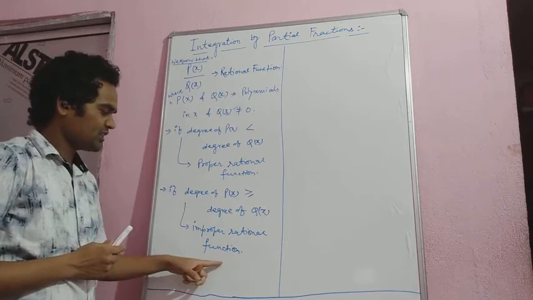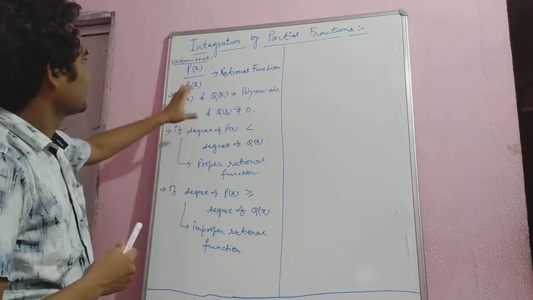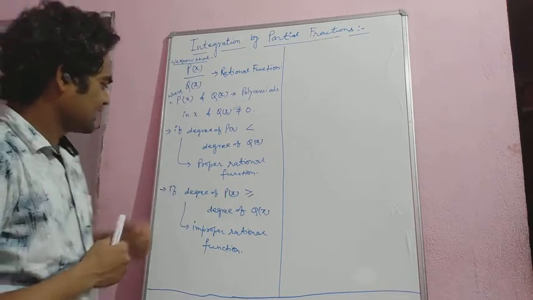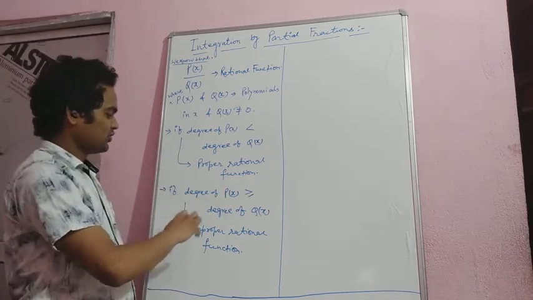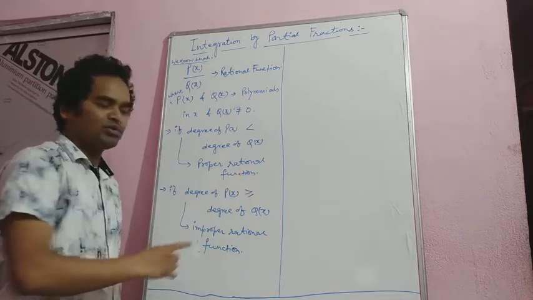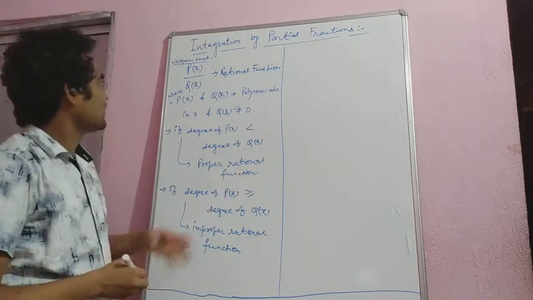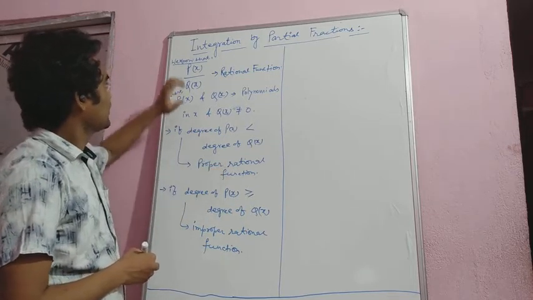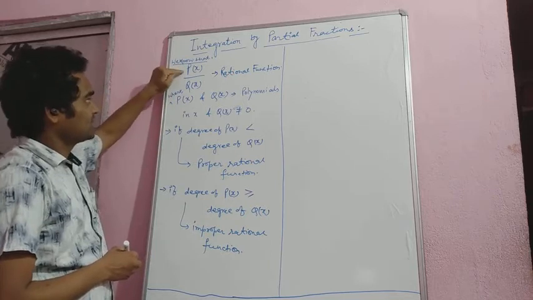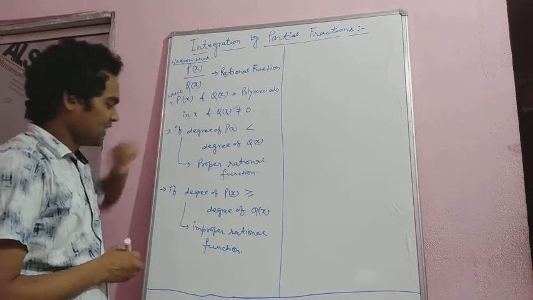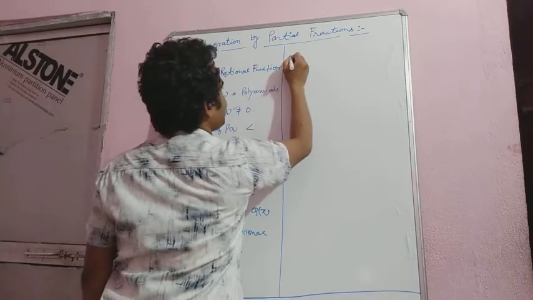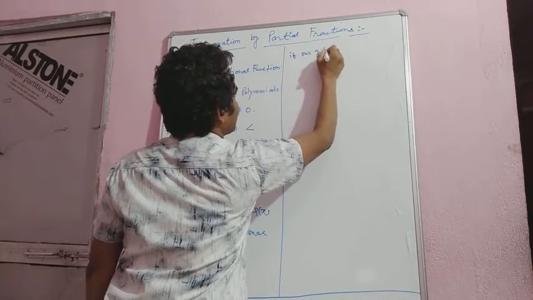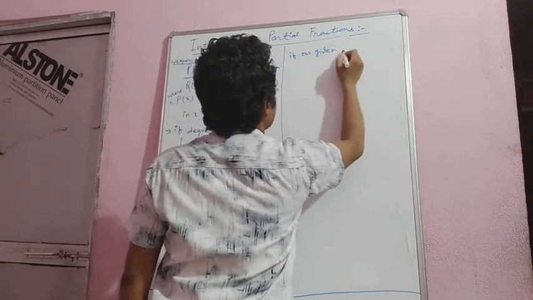Here the question arises: how to reduce an improper to a proper rational function? For this, we have to divide p(x) by q(x).